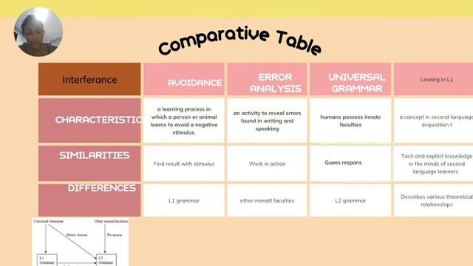And the similarity is working in action. The difference is having other mental faculties. Universal grammar: the main characteristic is that humans possess innate faculties. The difference is the learning is L2 grammar.